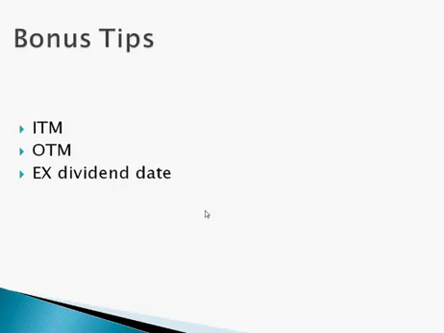Also, you have to be really careful because if the underlying stock is expected to pay dividends, and the ex-dividend date is approaching, Robinhood is probably going to close you out. But if Robinhood doesn't close you out, you're going to be responsible for paying the dividend on the amount of options you have. If you have one option, you have to pay the dividend on 100 shares of that company. So you've got to be really careful about that.